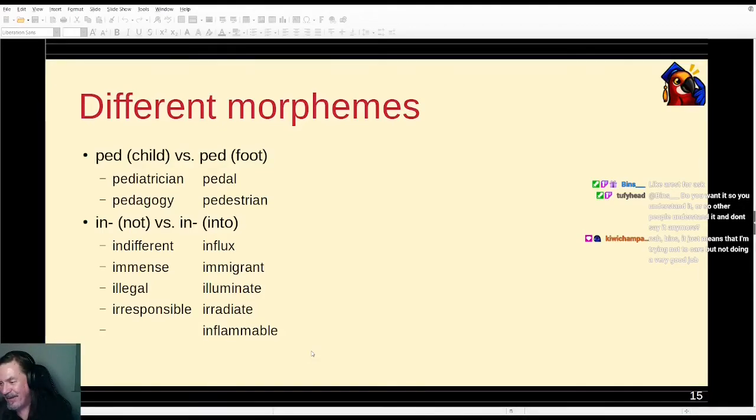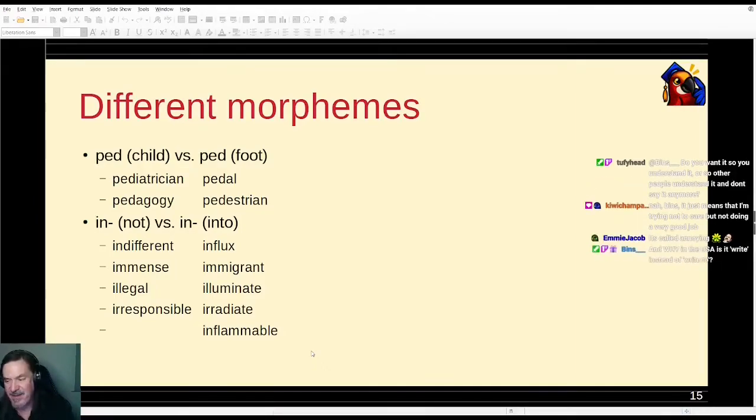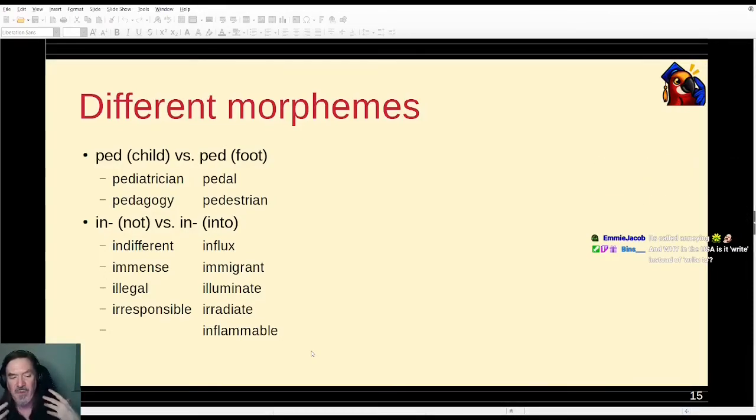Trying not to care, but not doing a good job. Yeah, you're allowed to have a pet peeve about the various things, Kiwi. Just realize that it's a pet peeve, and you probably have your own speech features that irritate other people. So approach with humility. That's my only message. Good question. Arbitrary fact of usage, Bins.